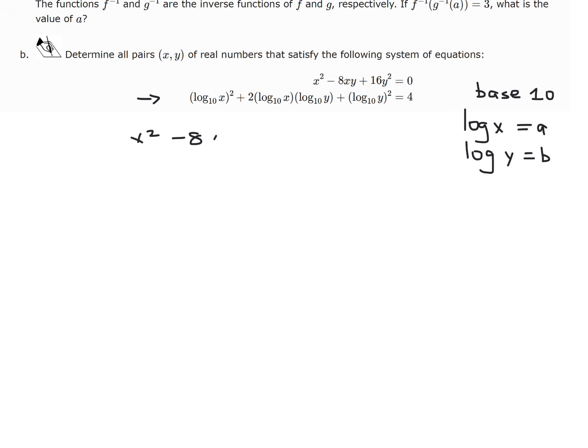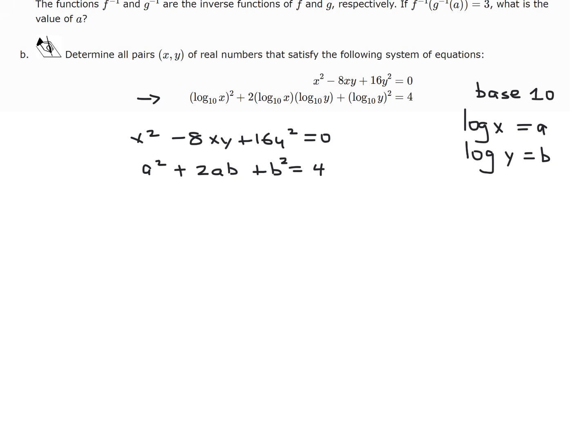Okay, so it makes it a little cleaner. The first one is unchanged, like that. And the second one, making the substitution, is a squared plus 2ab plus b squared is 4.